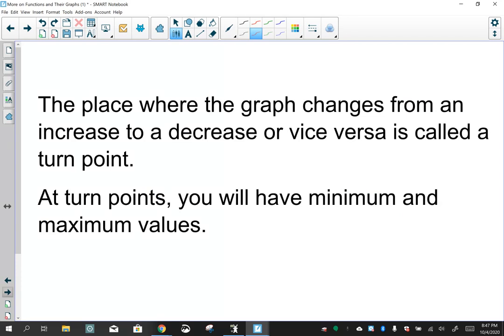So the other thing, when we're talking about increasing, decreasing, and constant, we also talk about minimum and maximum points. The specific thing that you need to know here is that at turn points, you will have either a minimum or a maximum value.